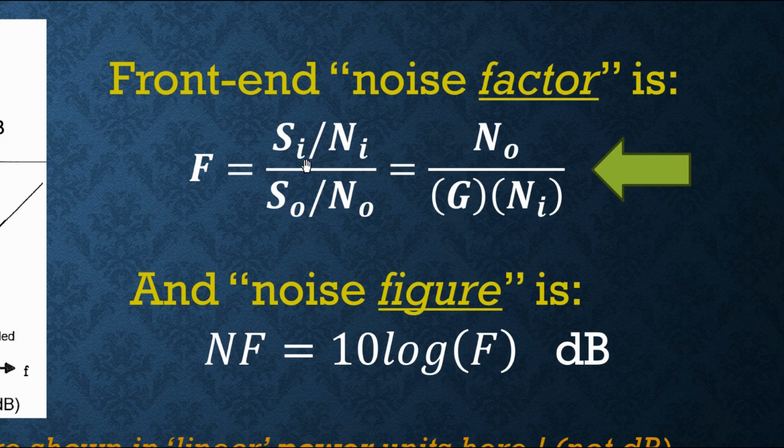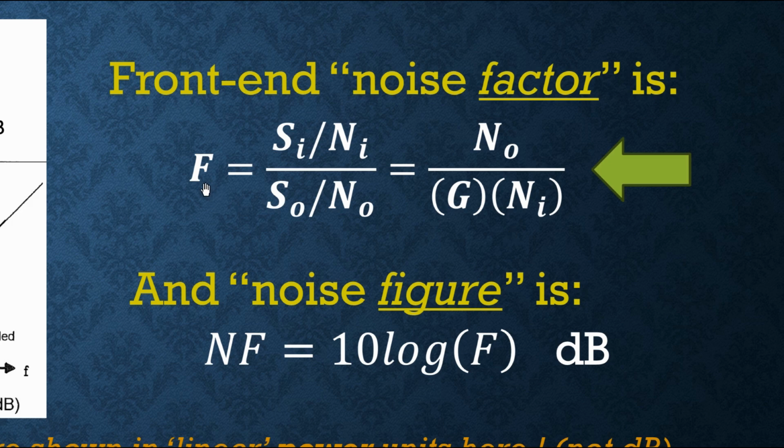Now, if you take this expression, signal input divided by noise at the input, divided by signal at the output divided by noise at the output, and you rearrange it algebraically, you can get this expression where G is the power gain, the signal out over signal in. And I'll let you do the algebra to prove that to yourself. I put this arrow here because this is a very, very useful thing to understand and remember.